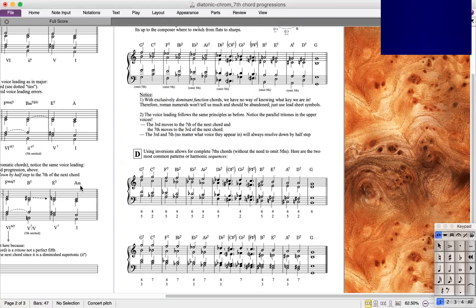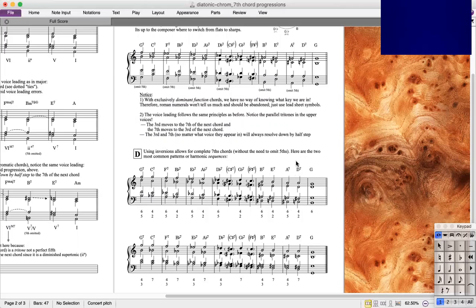Notice since this fully chromatic version doesn't really have a key, it doesn't matter if we're in major or minor. We're just sort of thinking abstractly. That's why the lead sheet symbols are really going to be helpful. You can sort of end it at any point, and any of these chords, if you want to stop the progression, you could resolve any single one of these chords to a major or a minor triad, right?